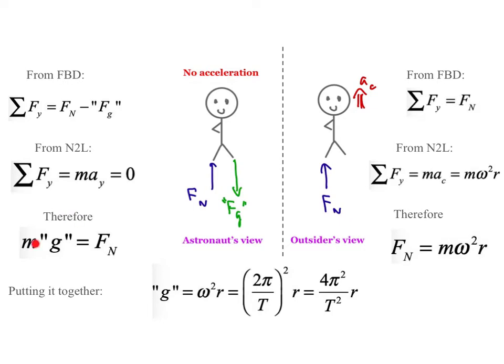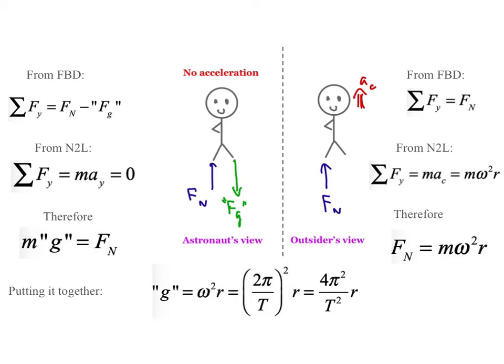And therefore, she thinks that mg is Fn. I'm putting the g here in quotes because this is not g of 9.8 meters per second squared on Earth, but rather the free fall acceleration she would measure, the weight that she would feel. This is what her scale would read. And she'd say, well, if I read my scale and I divided by my mass, I would get what g would have to be.